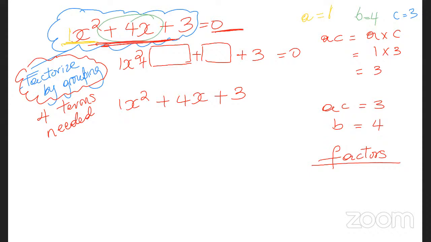So we are going to rewrite this bit into something that we already know. So let's go now. The 1x squared is going to remain the same at the front. The plus 3, the constant, is going to remain the same.